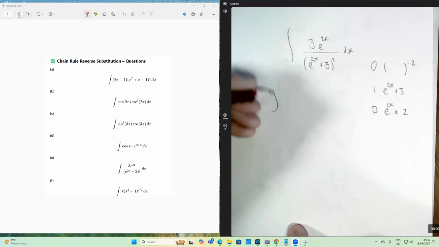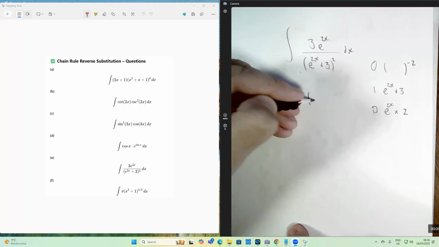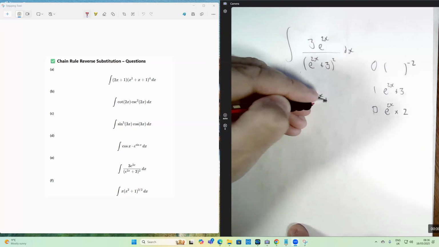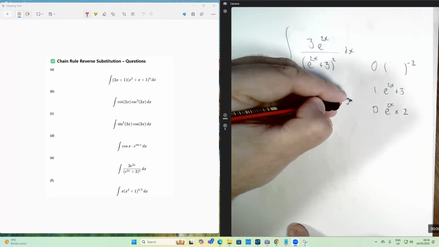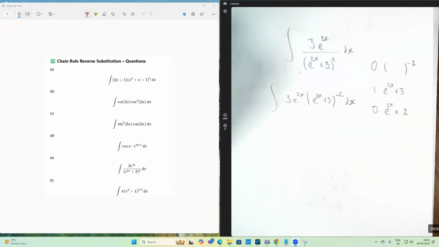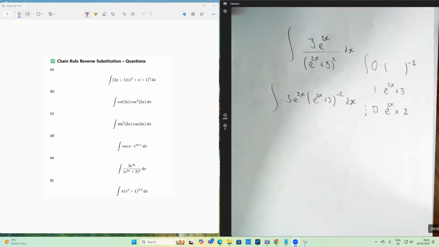To help me recognize what to do here, I'm going to rewrite this as e to the 2x add 3 to the -2, which I think makes it easier to deal with conceptually. So to integrate that and divide by that, I raise the power by 1 and divide by the new power.